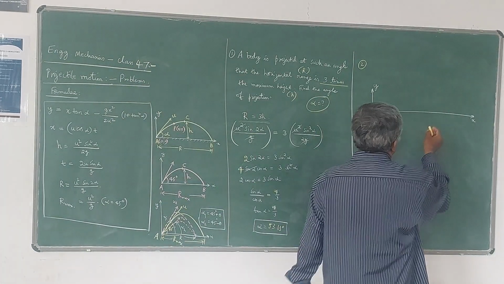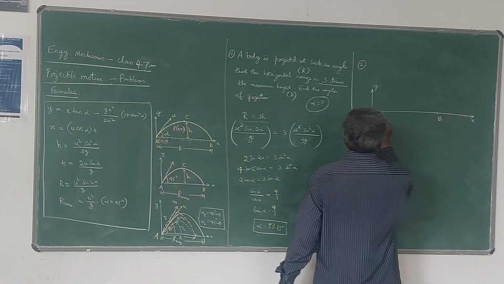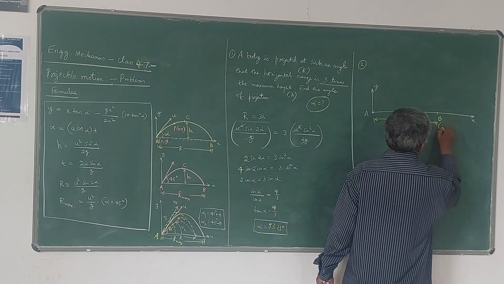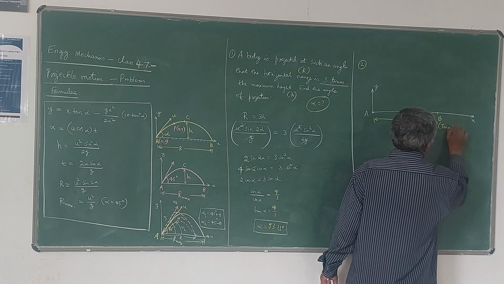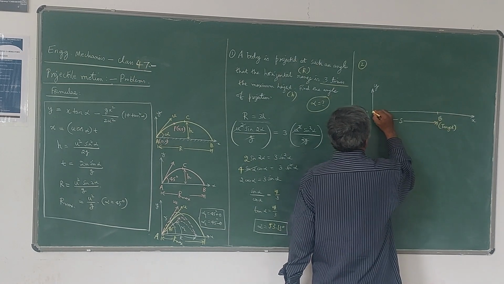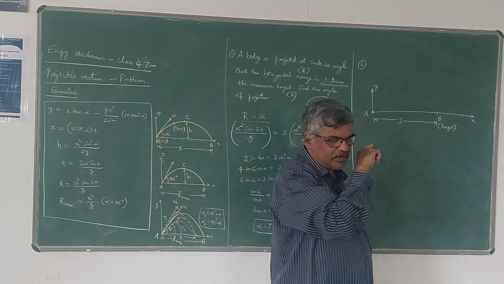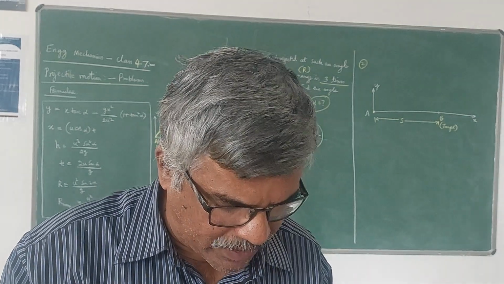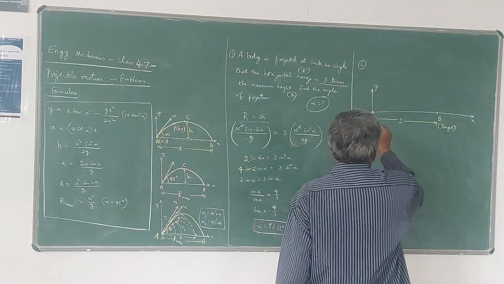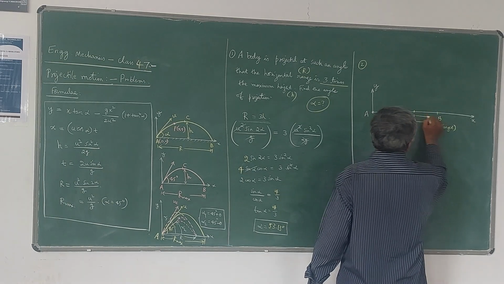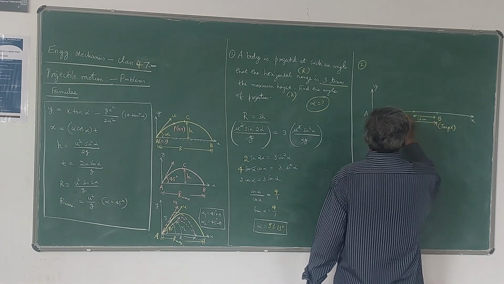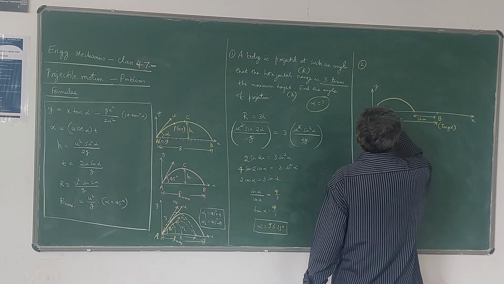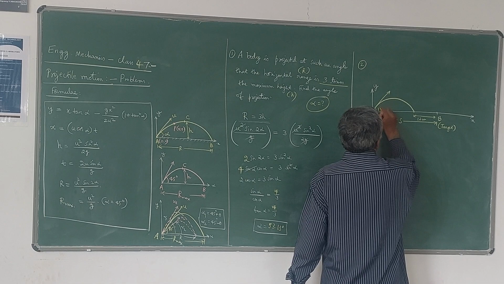Let us say B is the targeted point, so that the distance is S. When it is projected at an angle of 15 degrees, it falls on the ground 12 meters short. So this distance is 12 meters, and this angle is 15 degrees.